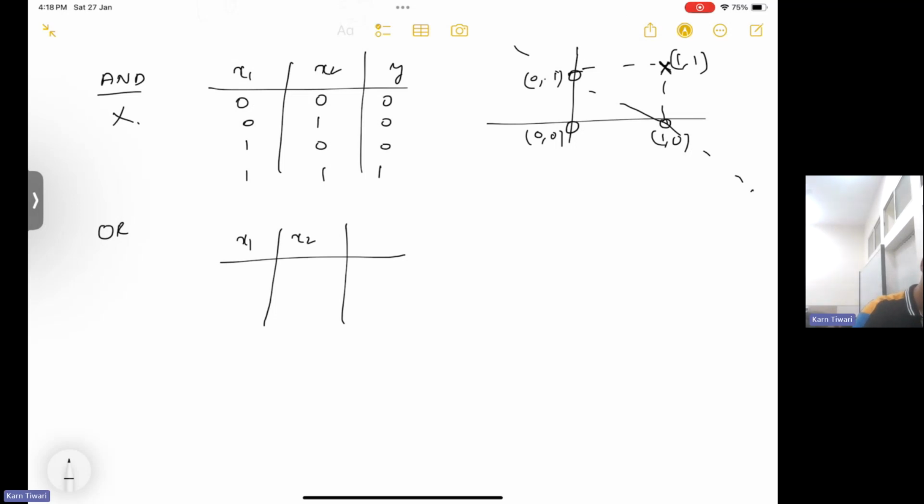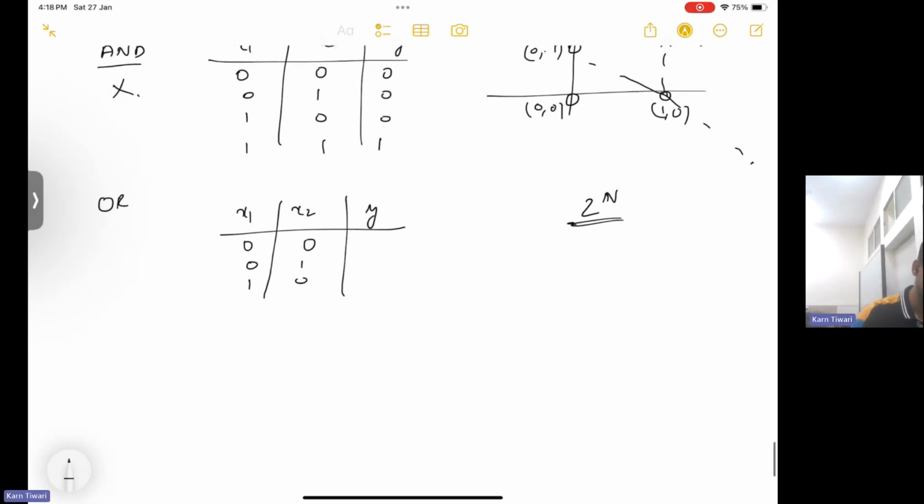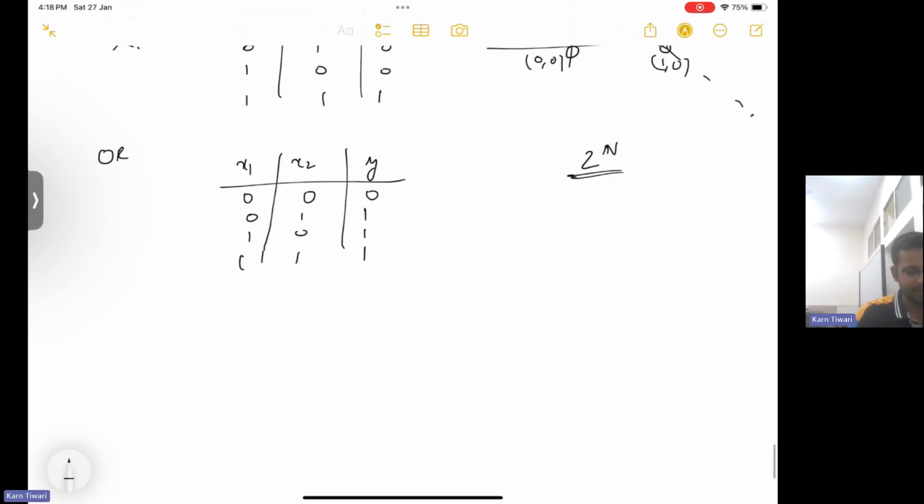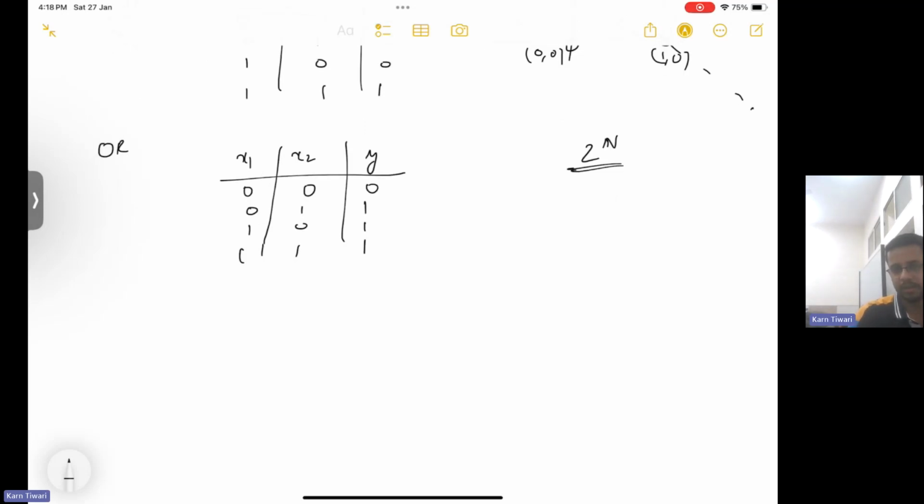X1, X2, Y. 0, 0. Just remember this combination, because for an n-dimensional Boolean function you will have a total of 2 to the power n combinations. So it's 0, 1, 1, 1. I guess this was covered in the week 1 lecture as well, but I'm just brushing up on these concepts.